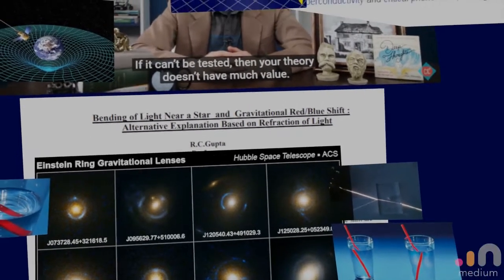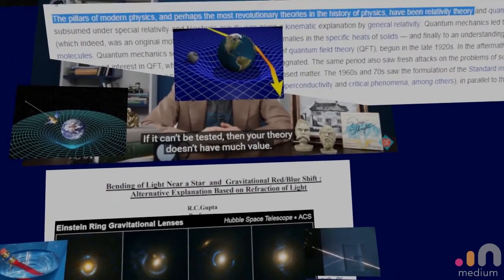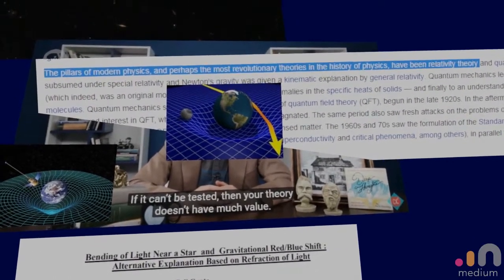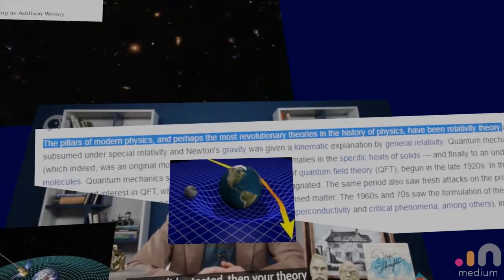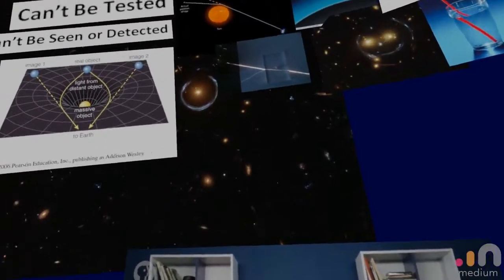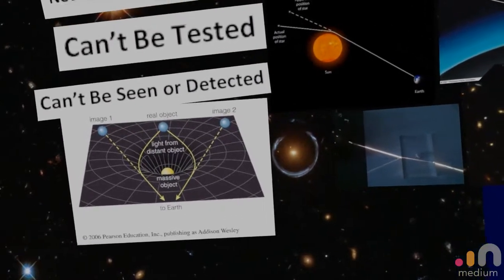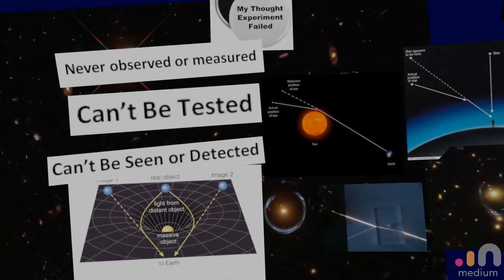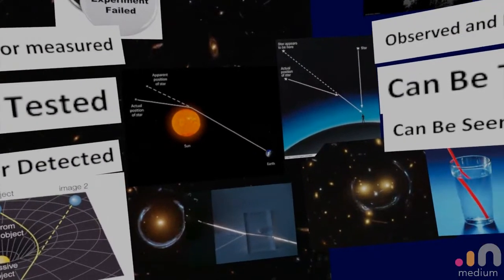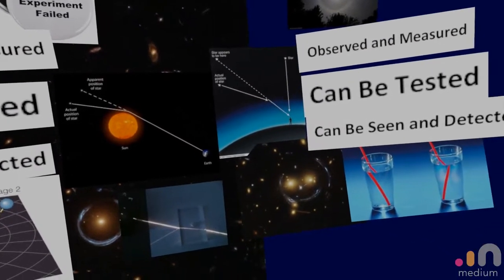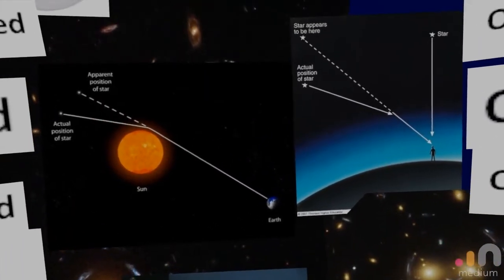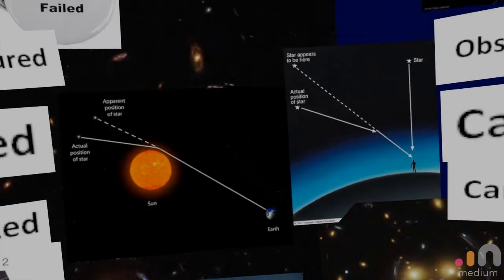One of the pillars of modern physics, and perhaps the most revolutionary theory in the history of physics, has an alternative explanation, thus rendering the first piece of evidence we ever collected on it null and void, relying only on thought experiments, meaning we have no reason to assume that space and time are the same force. We have no reason to assume that because we have no evidence that suggests that.